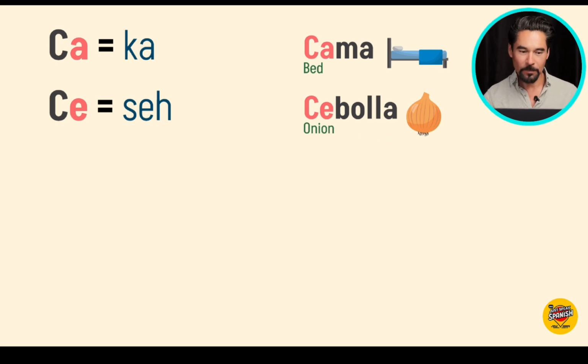Now, pay attention because if you're learning Spanish for Spain, in Spain they pronounce it with a th sound, kind of similar to the Z. In Latin America, we say se. So it's the same word, just with a slight difference in pronunciation. But this is the main thing, that if you have CA it's Ka, CE is Se.